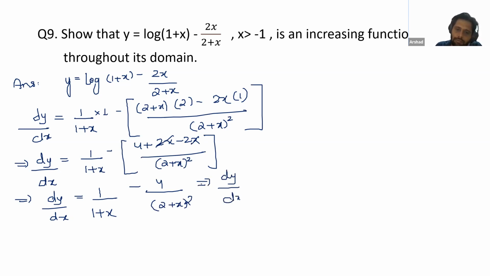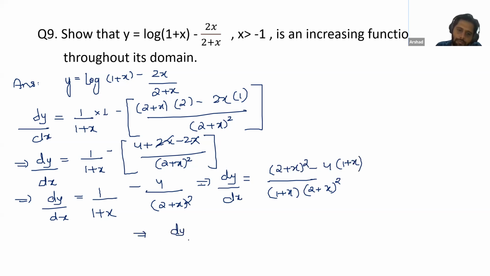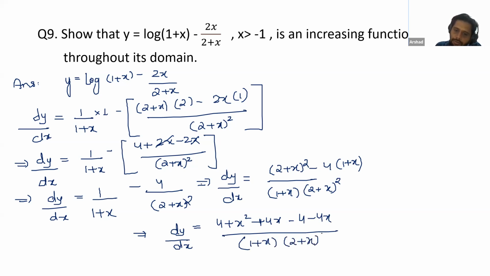Dy by dx is equal to 2 plus x whole square minus 4 into 1 plus x, over 1 plus x into 2 plus x whole square. So here, opening this, you will get 4 plus x square plus 4x minus 4x, by 1 plus x and 2 plus x whole square.